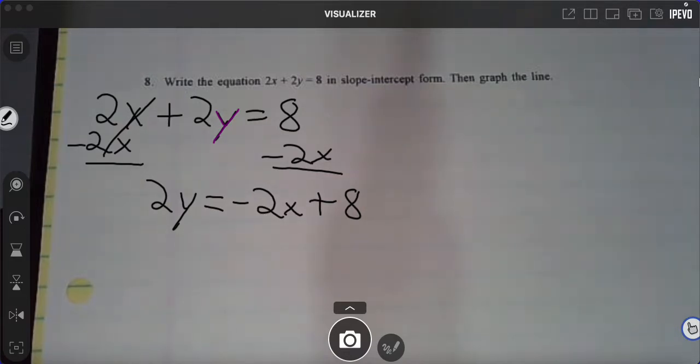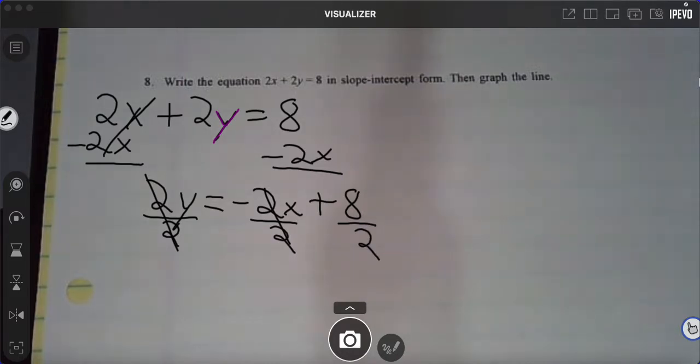So you divide. What's over here with this y? The 2. So everything must be divided by 2. Everything. So I'm going to divide this by 2, and what do they do? Cancel out. I'm going to divide this by 2, and what are they actually going to do as well? Cancel out. So I'll have a negative x, and then I'll have 8 divided by 2, and that becomes something else.